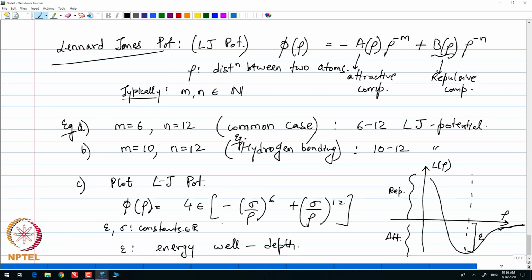Okay. So, epsilon is the well depth and sigma is the distance from 0 to this minimum of the LJ potential. So, sigma is the van der Waals distance, and it turns out to be B by A to the power 1 by 6.